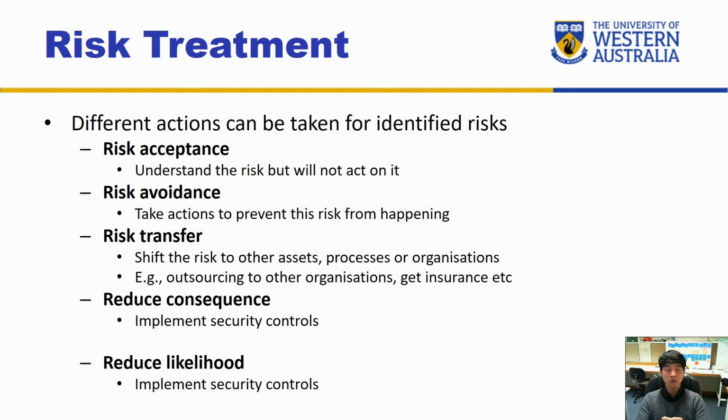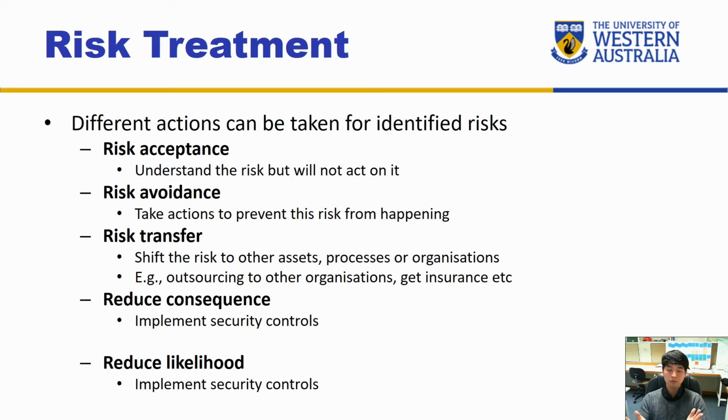Okay. So we talked about how to address some of the risk, and there are a few different ways of treating the risk. When we talked about the ISO standard, not only patching the vulnerability, but we were also talking about responsibility and accountability, and those are other ways of treating the risk. For instance, the very naive approach is risk acceptance. So we understand the risk, but we don't do anything about it.